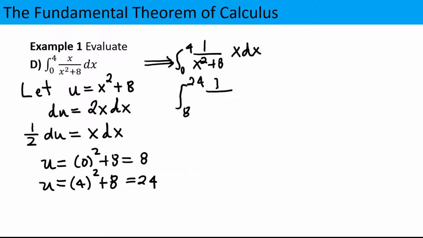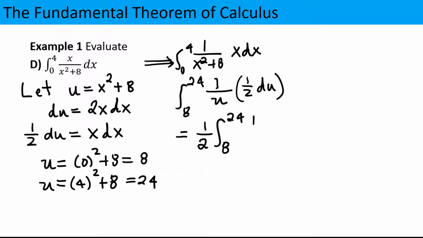Then 1 over where x squared plus 8 was, we substitute with u, and where x dx was, we replace with 1/2 du. Properties of integrals lets us take the constant to the outside of the integral, so 1/2 the integral from 8 to 24 of 1 over u du.